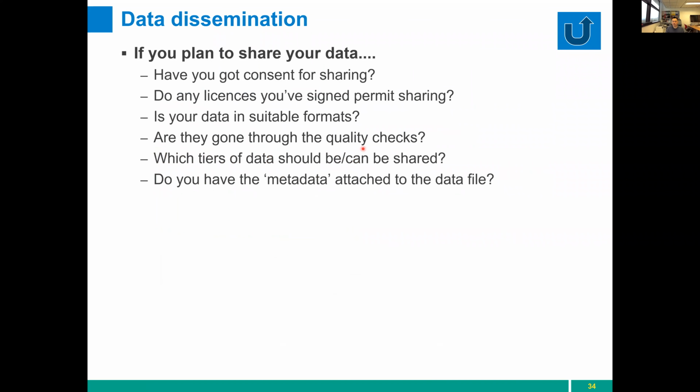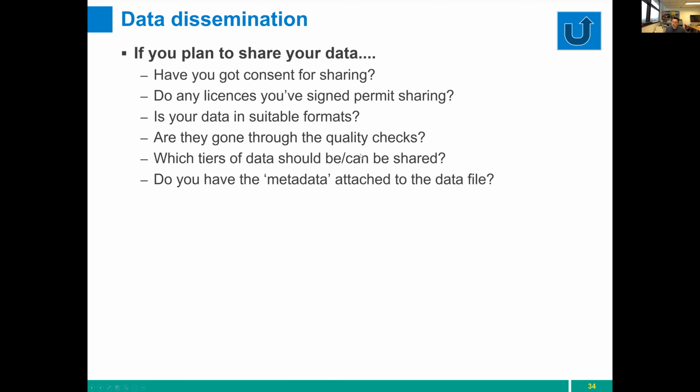Always go through the quality checks before you share your data. And which tier of the data can or should be shared? You have to make a judgment as well. Also keep in mind, do you have the metadata attached to the data file that explains both the metadata and the methods? These are two key components. These are the things I want to remind you of when you do data dissemination.